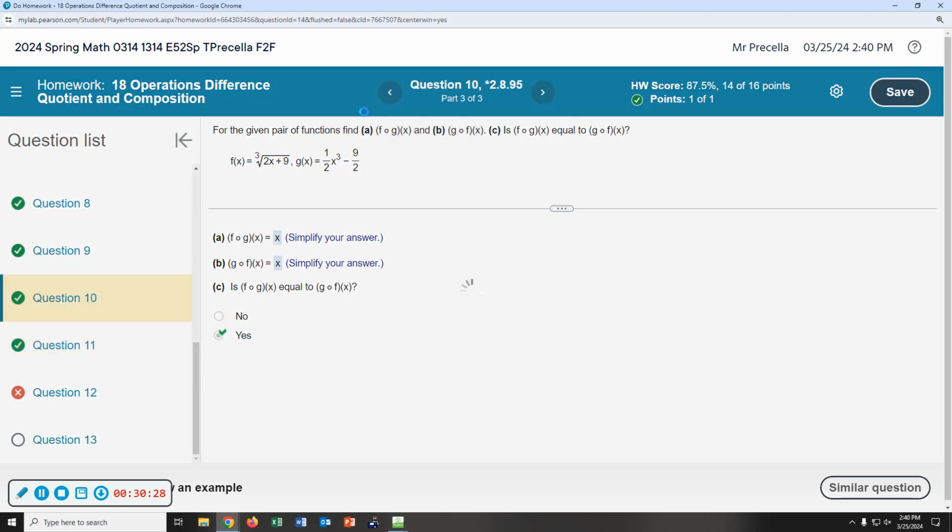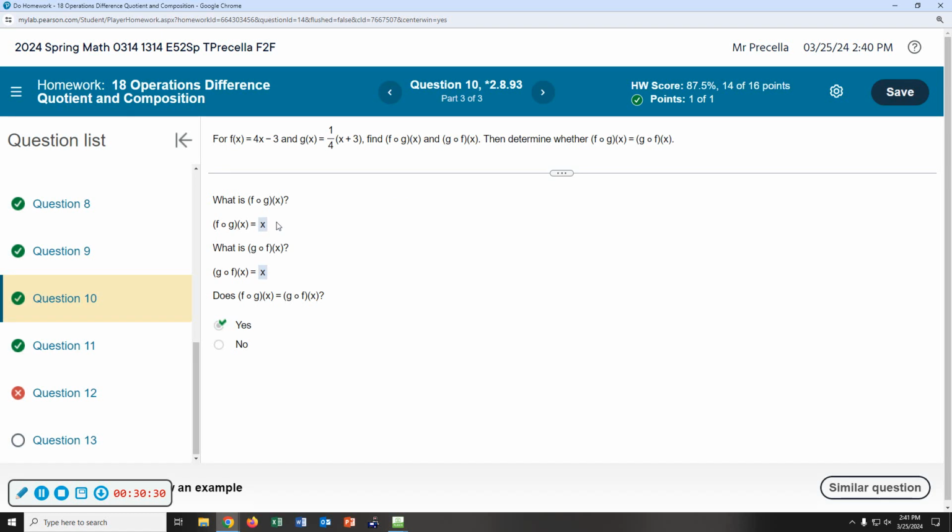Look back at the other one. Number 10, same instructions. Find their compositions. They both reduce to x. That means 4x minus 3 and 1/4 times x plus 3, those are also inverses. Now remember doing that?